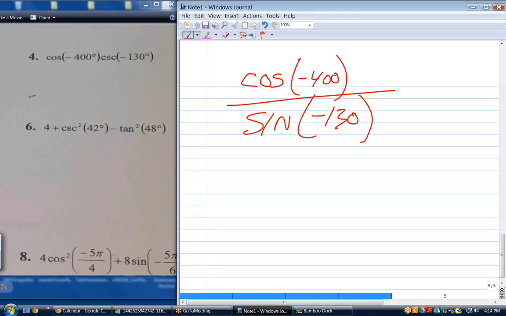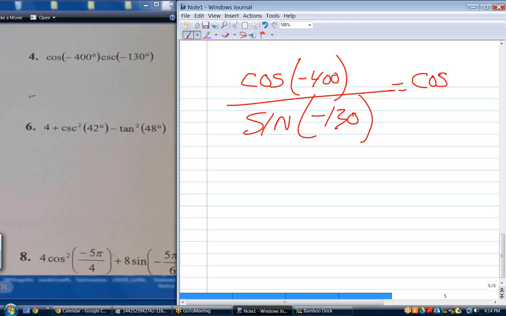So let's go through it step by step. What can I replace cosine of -400 with? Just cosine of 400 because it's an even property. Okay, and then what can I do? I want to work inside the unit circle. And then it would be, because it's 40 over 360, so it's cosine -40 is the first step.